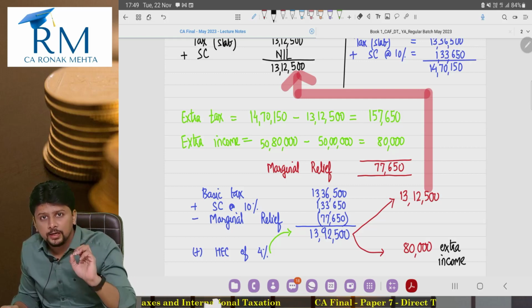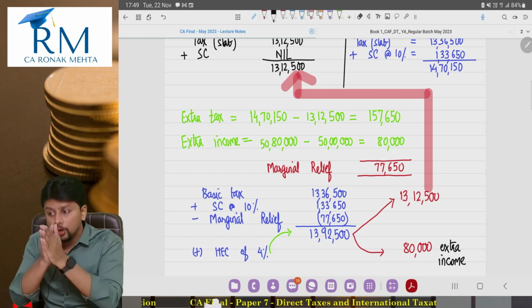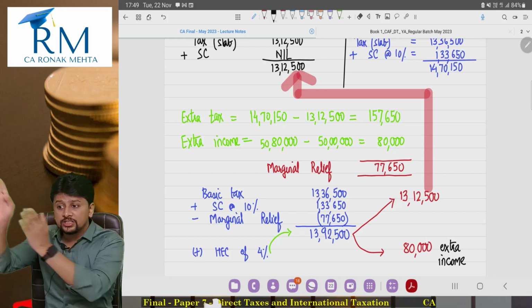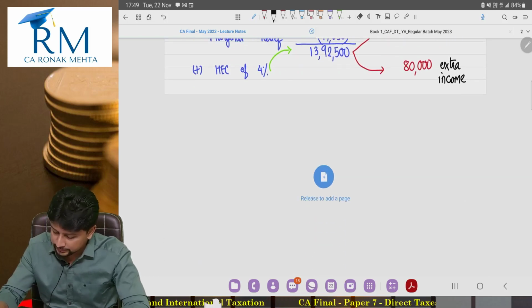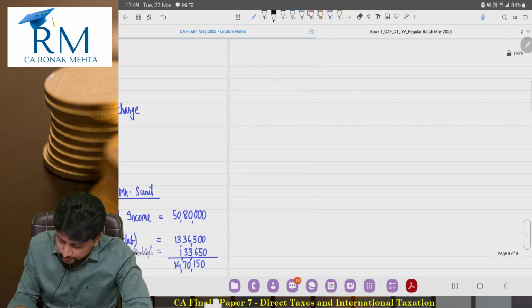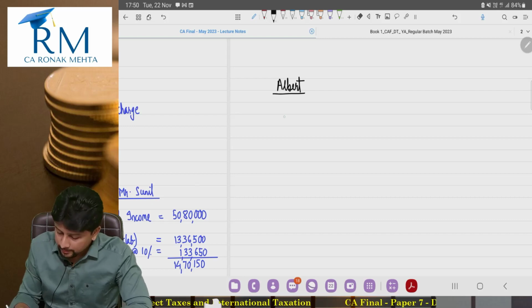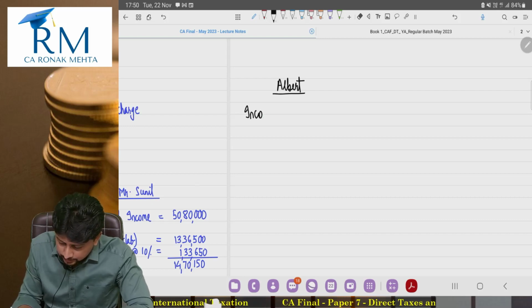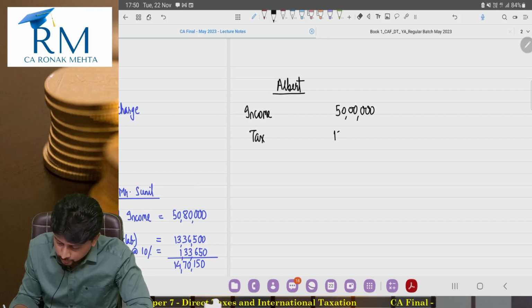Before marginal relief, you were actually paying to the government not only that 80,000 but extra 77,650. I'll show it to you. See this. Our first example was Mr. Albert, right? Now imagine that Mr. Albert had an income of 50 lakhs and on which his tax amount was 13,12,500.